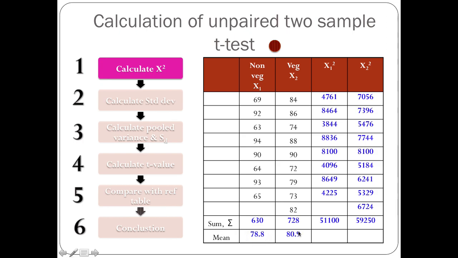Whereas for the mean of x2, it will be 728 divided by 9. So you get 80.9. The numbers that you need to use are this one and these two for the calculation later on. Let's move into the second step, which is the calculation of the standard deviation.